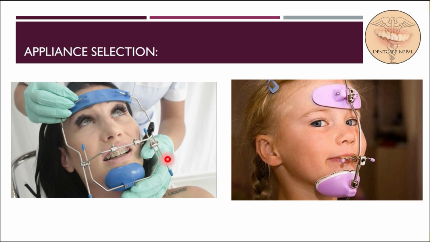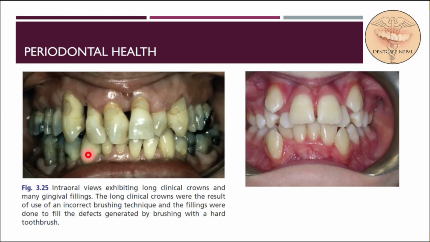So it is difficult to get adult patients to have orthodontic treatment. And periodontal health: periodontal recession and many restorations have to be dealt with, and a multidisciplinary treatment approach has to be applied in the case of adult patients, whereas in young patients the periodontium is healthy and only the orthodontist can perform the required treatment.